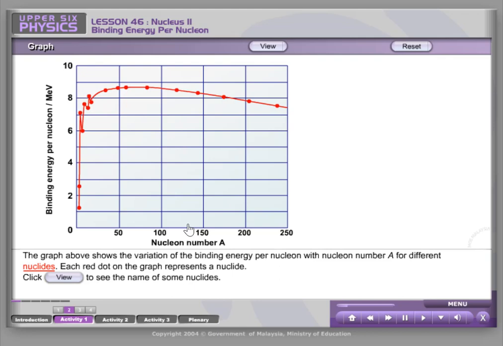The graph above shows the variation of the binding energy per nucleon with nucleon number A for different nuclides. Each red dot on the graph represents a nuclide. Click the View button to see the name of some nuclides.